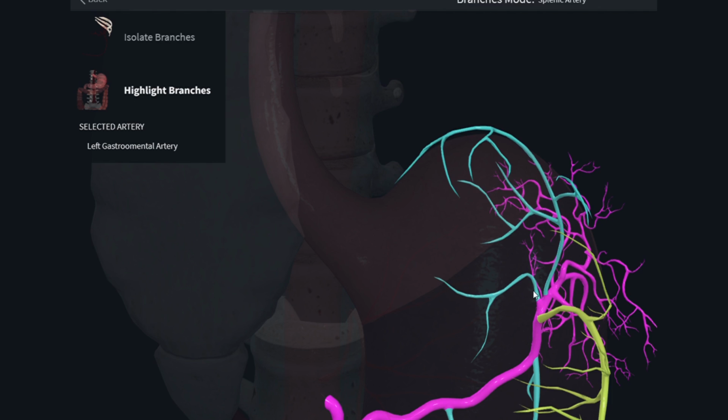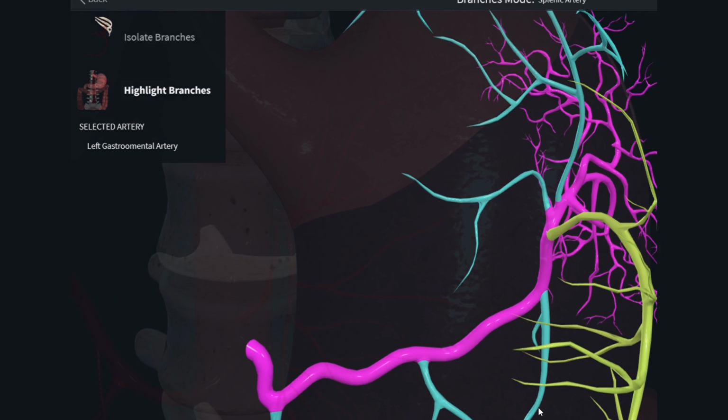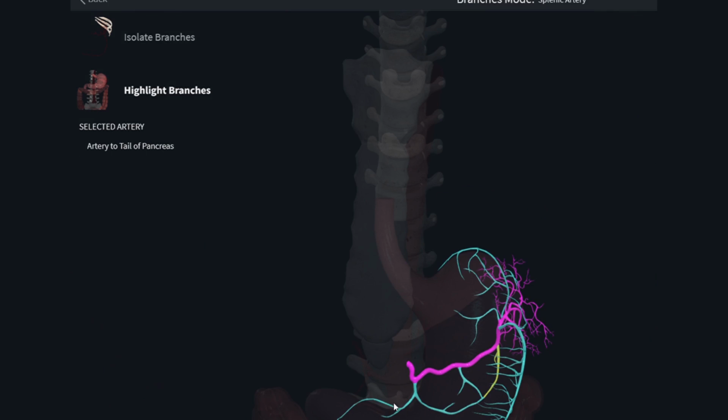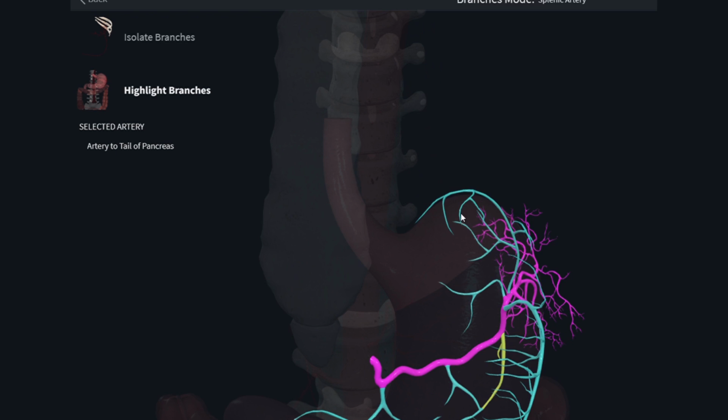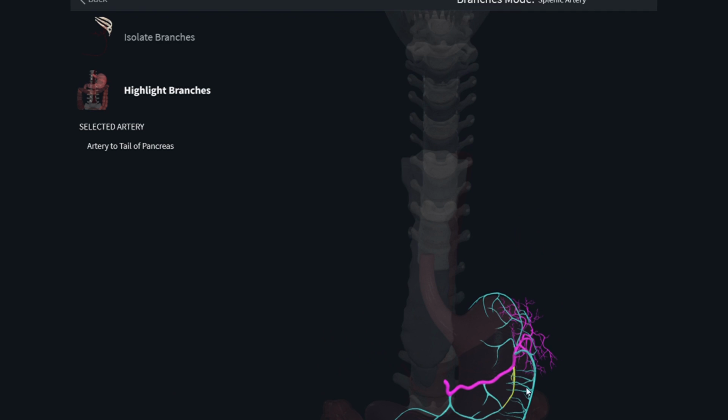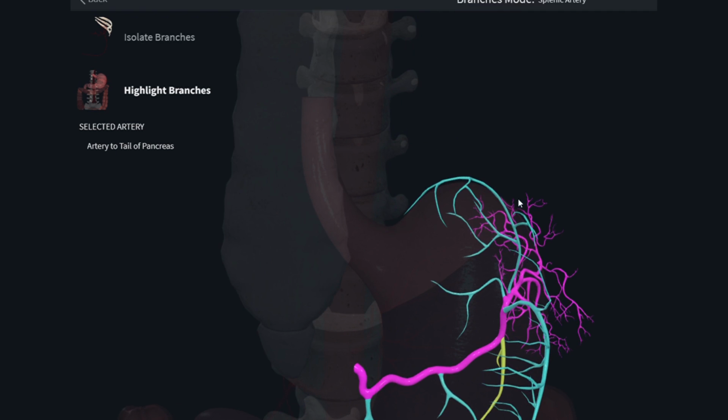So this is the short gastric, then the gastroepiploic, and lastly we have the pancreatic branch that goes and joins the pancreas right here. The gastroepiploic goes downwards and joins the greater omentum. Then we have the short gastric that supplies the stomach, and lastly the pancreatic.